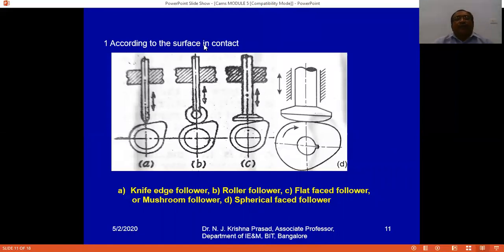According to the surface in contact, the follower is classified as knife edge follower, roller follower, flat faced or mushroom follower, and spherical faced follower, as shown in the orthographic view of the cam and follower arrangement.